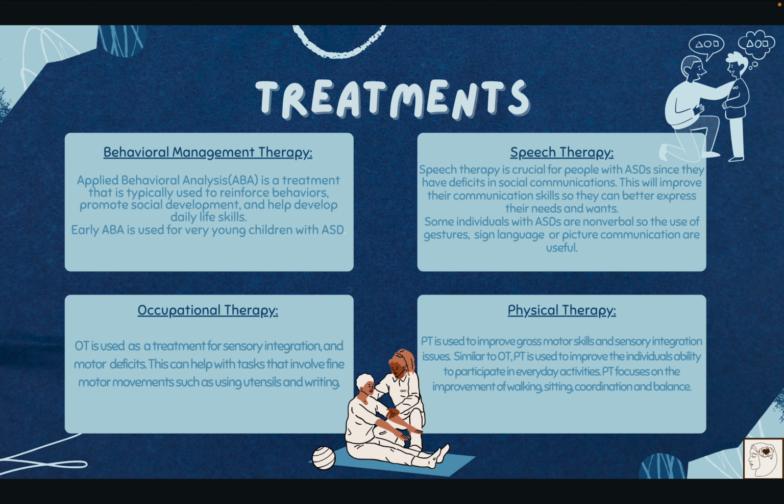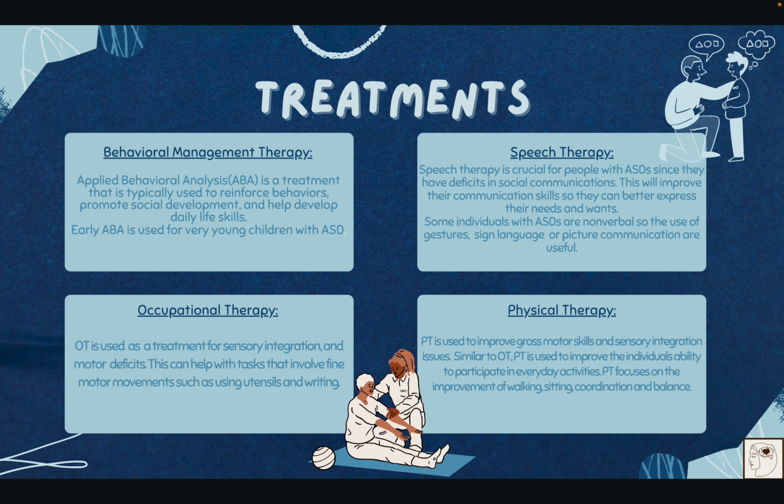Next, we have speech therapy, which is crucial for people with ASD since they have deficits in social communication. This will improve their communication skills so that they can better express their needs and wants. For individuals with ASD that are nonverbal, the use of gestures, sign language, or picture communication is useful.